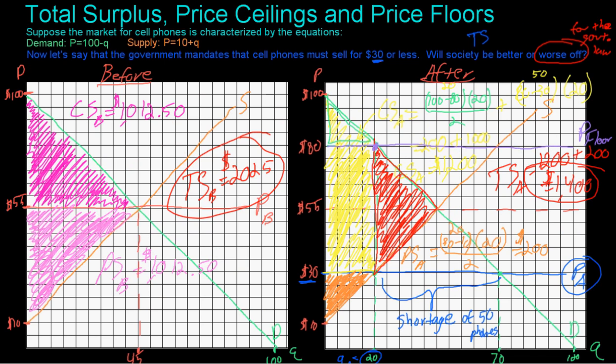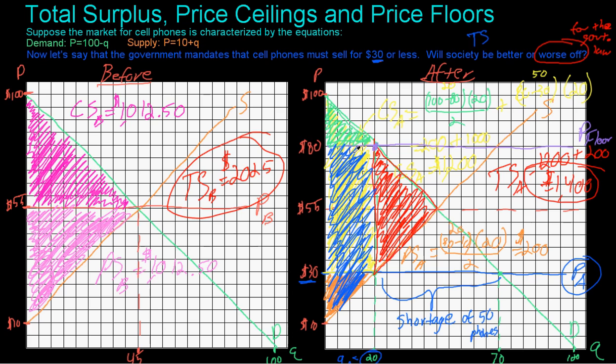So then consumer surplus would just be this little part right up here, and then producer surplus would be this all down here, but that the loss of surplus, or the deadweight loss, would be exactly the same.